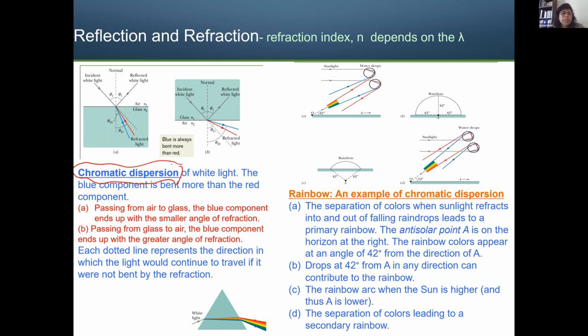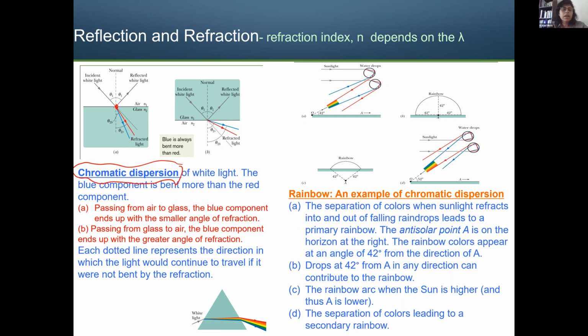Now, when you have white light, we know it is a combination of colors. If you project that into a glass media, you will see this color spectrum, as in the rainbow, and probably through automobile glasses, when you drive, you will see the colors projected onto your clothes, with these red to violet colors.